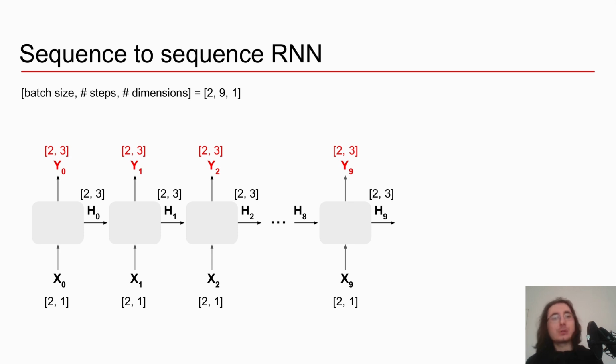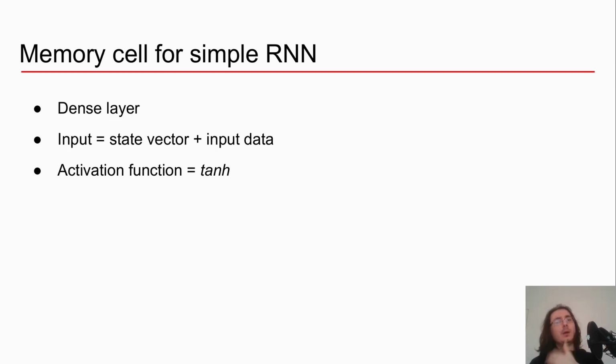And this is also reflected in how Keras works. Indeed, the default behavior for simple RNN layers is that of a sequence to vector network instead of sequence to sequence.